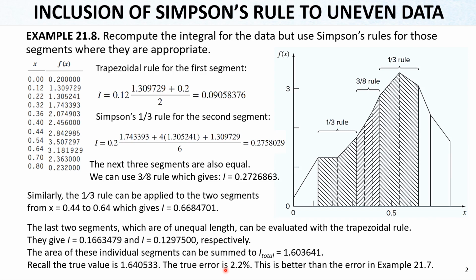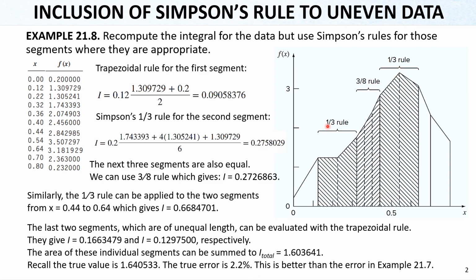And you can see that we have a very good error, 2.2%. So this is very similar to the trapezoidal rule, but it's a little bit better. In the use of trapezoidal rule separately for each segment, we actually calculated 2.8%. In here, we have 2.2%. This is better because we use in some of them a higher order integration. But we see that this didn't affect so much.